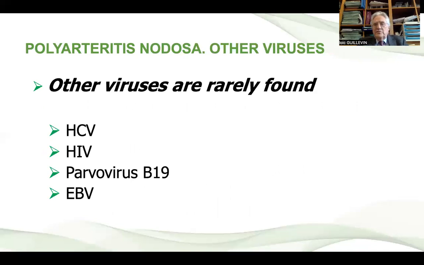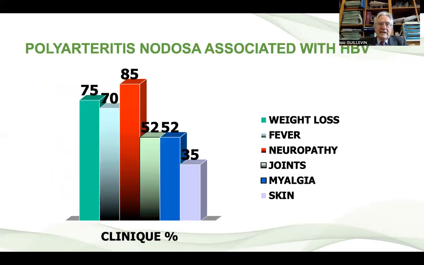It is possible to demonstrate the presence of other viruses, like, for instance, HCV, very rarely. In most cases, it is co-infection. HIV, very, very rare. Parvovirus B19 and Epstein-Barr virus. Sometimes we see cases like that, and it is really a very severe disease.